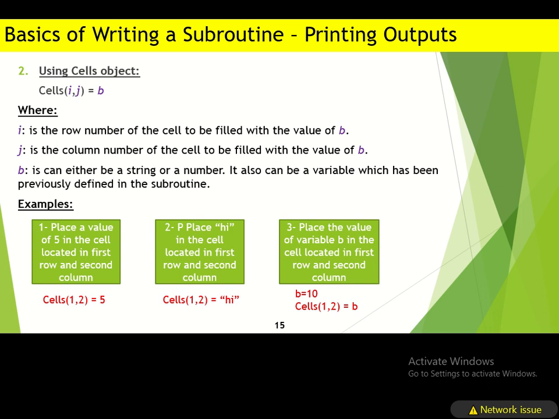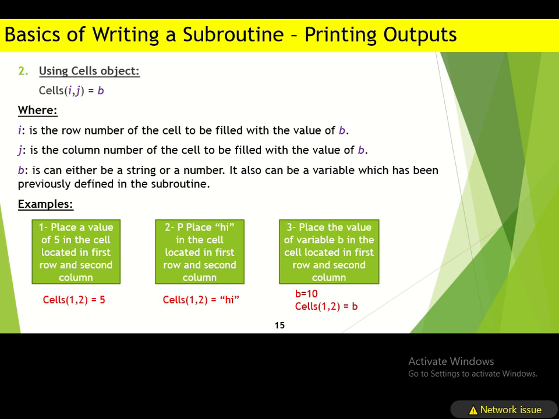What will J be? Excel shows column alphabets, and VBA is taking a number, so you have to convert the column alphabet into a number. This is a small tweak you have to do. B is the value you want to put in cell I, J. I is always the row number, and J is the column number, which is an alphabet that you have to convert to a number.